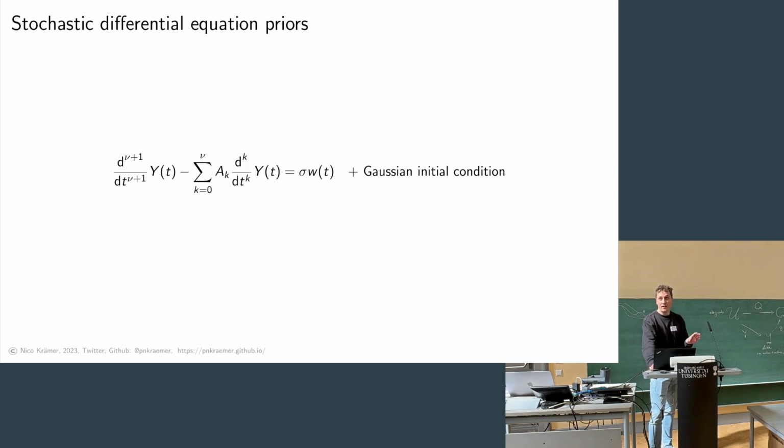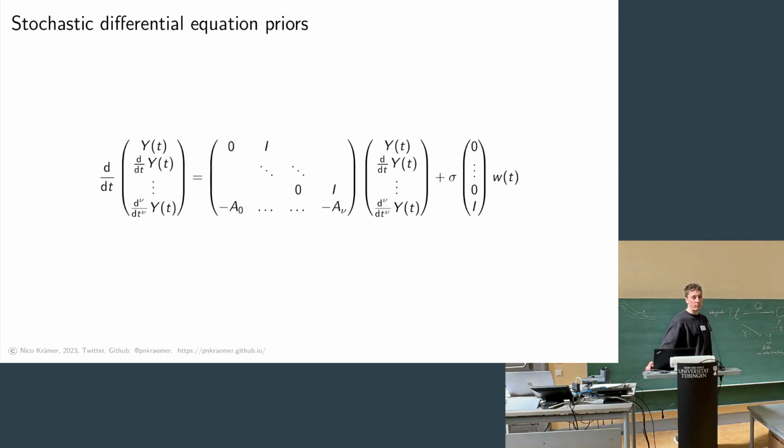So here, that's a higher order differential equation. To actually make the most of the Markov property, we transform it into a first order problem. So we look at the stack of y and its first ν time derivatives. And then we have a first order differential equation. So here, there's only the first time derivative.